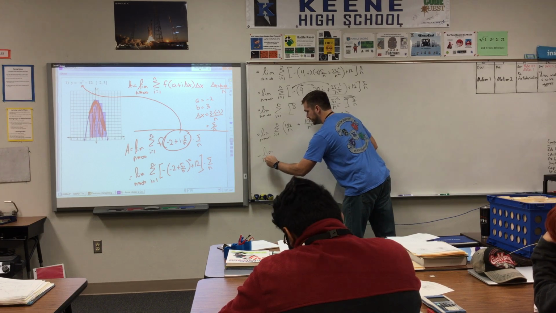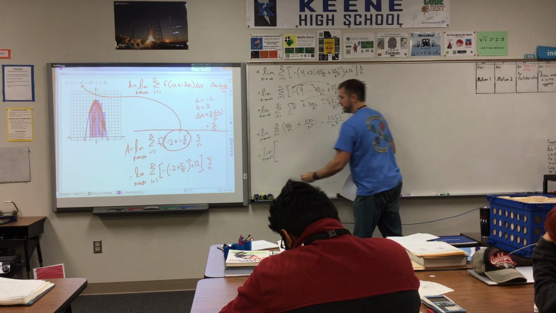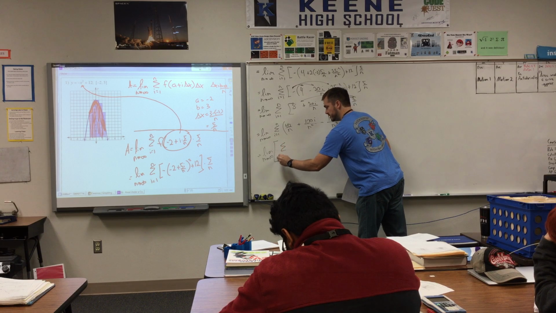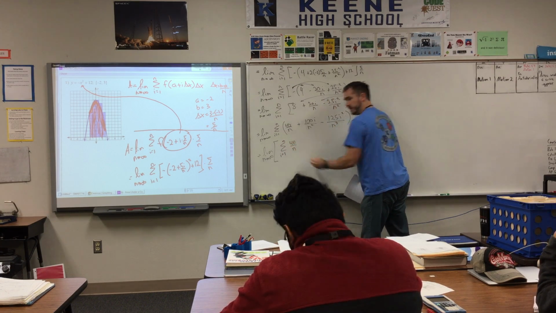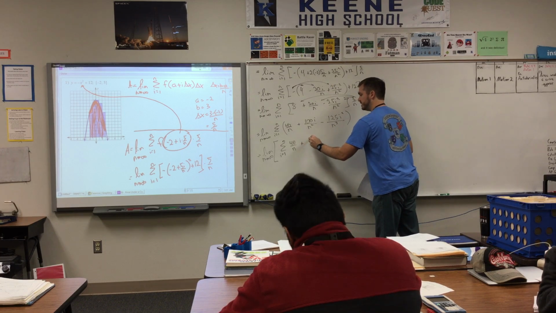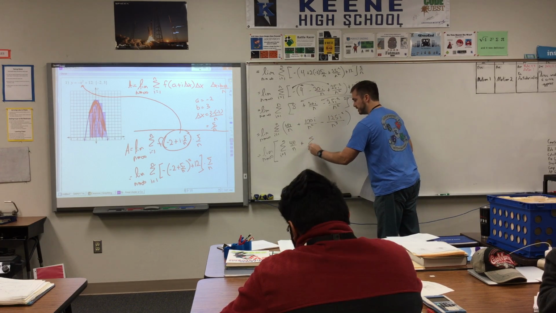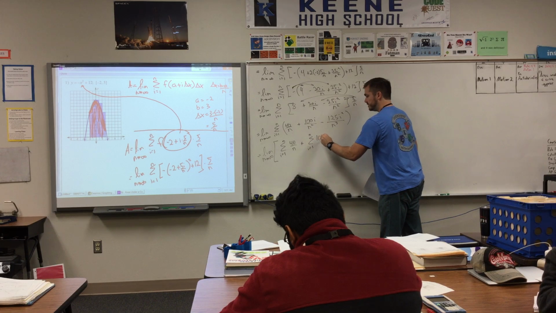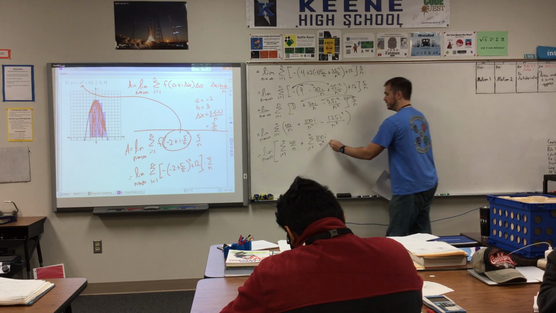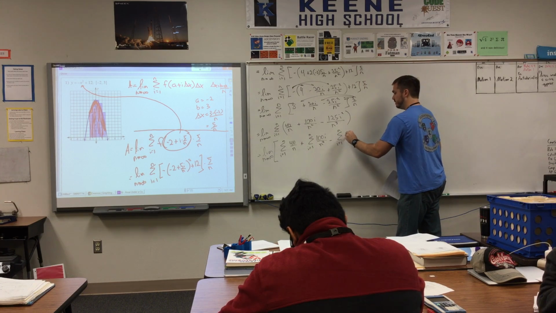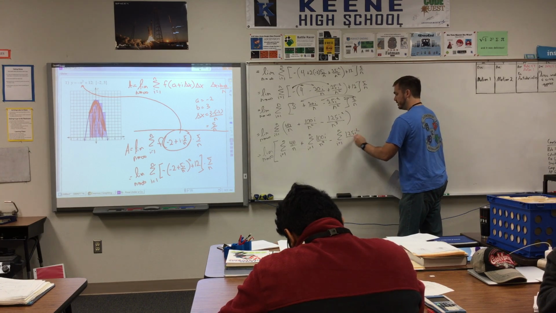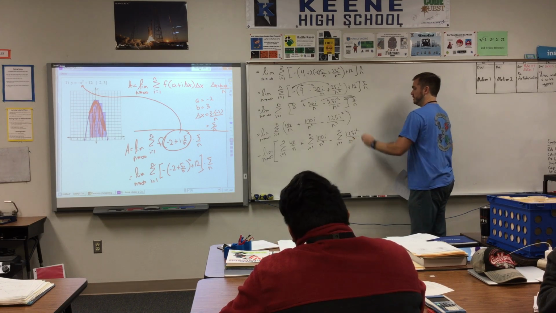So the limit as n approaches infinity, I'll put a big bracket right here, and I'll write this as the summation from i equals 1 to n of 40 over n plus the summation from i equals 1 to n of 100i over n squared minus the summation from i equals 1 to n of 125i squared over n cubed.